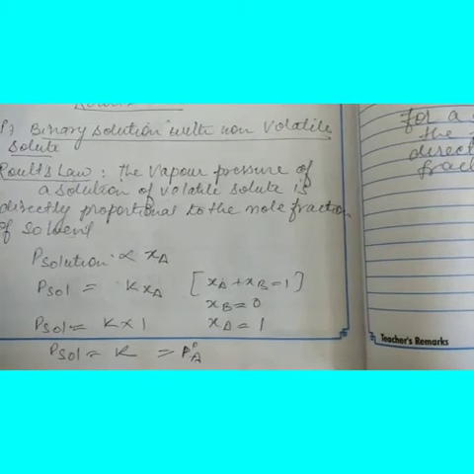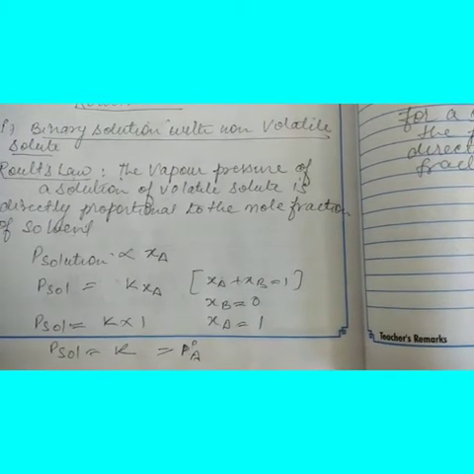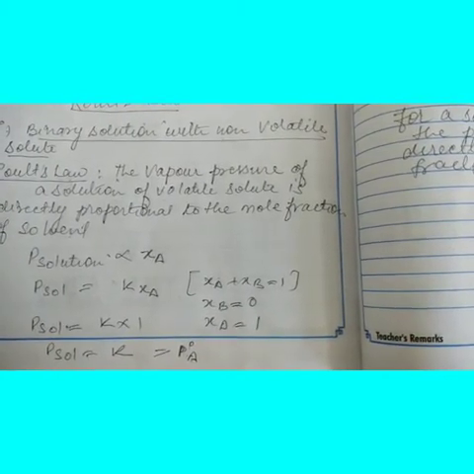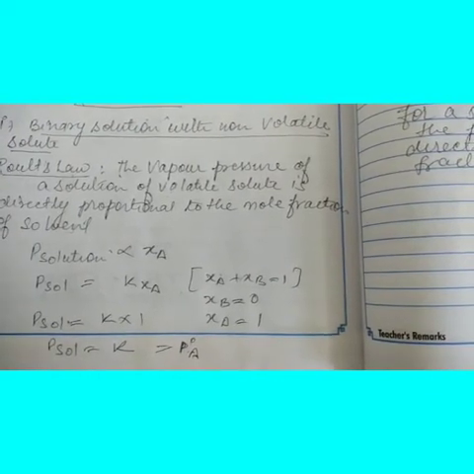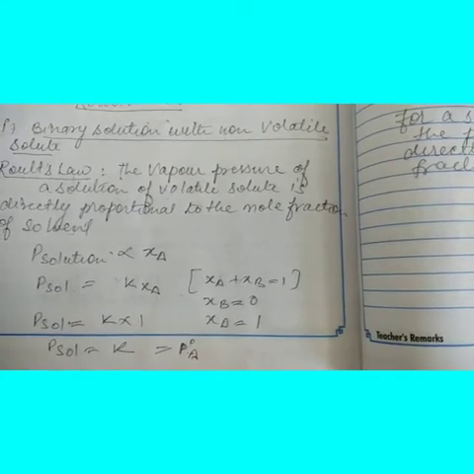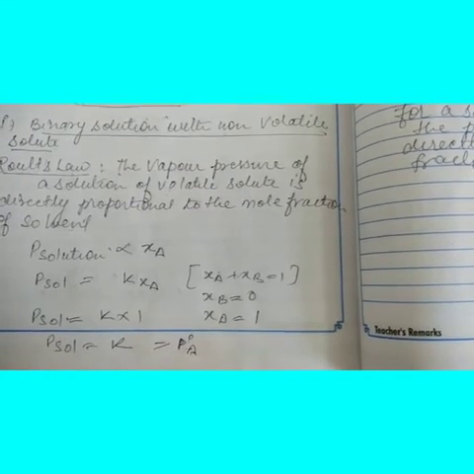We already know that the mole fraction of solvent XA plus the mole fraction of solute XB equals 1. Here the solute is non-volatile, so XB is equal to 0, so XA becomes equal to 1.